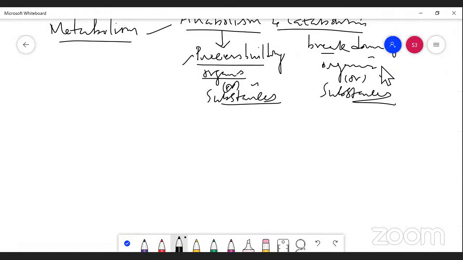So in anabolism, simple molecules are aggregated into large molecules.